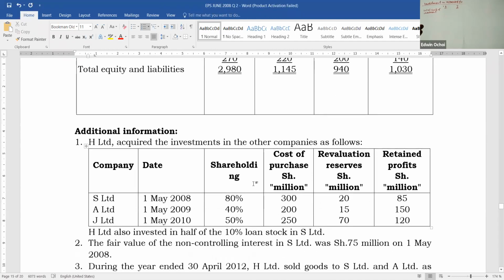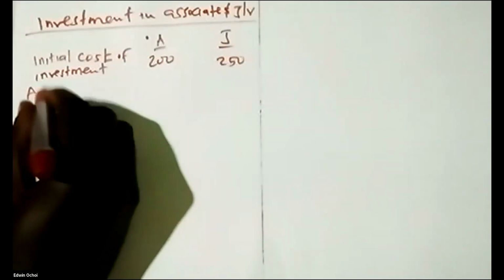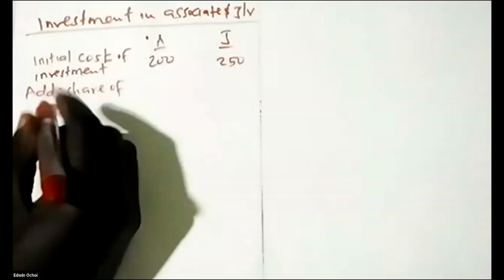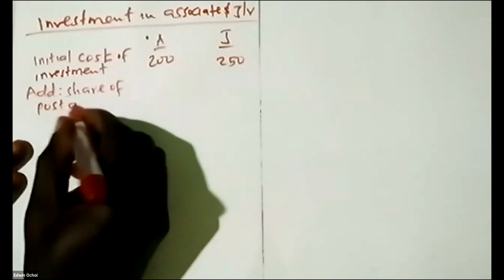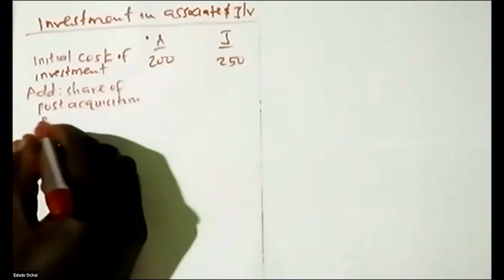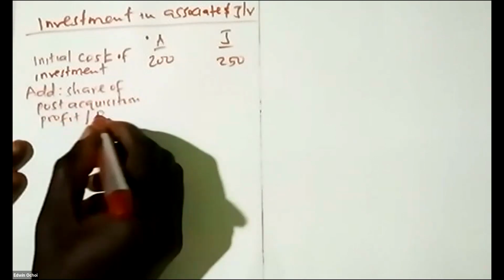Here, cost of purchase, 200 and 250 for A and J. Then you add share of post-acquisition profit or reserve.